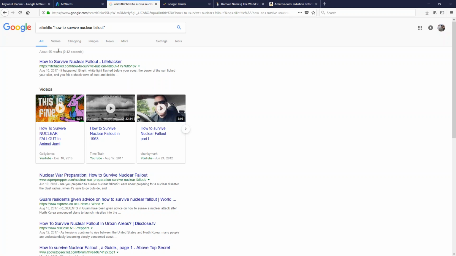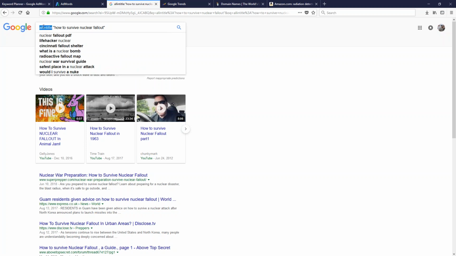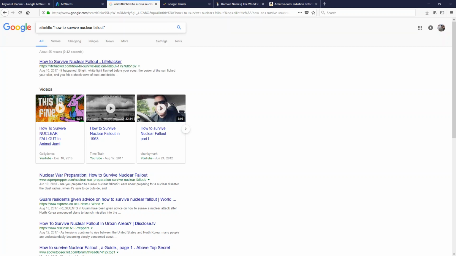Now, in this kind of a search, what I've done here is I've added the phrase allintitle and then a colon right in front of my quoted keyword phrase. This is going to tell me the number of pages that actually use this in the title of the page.